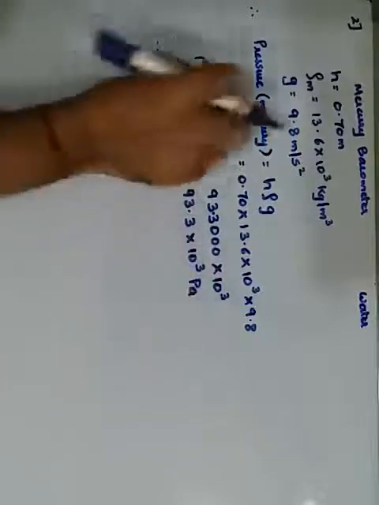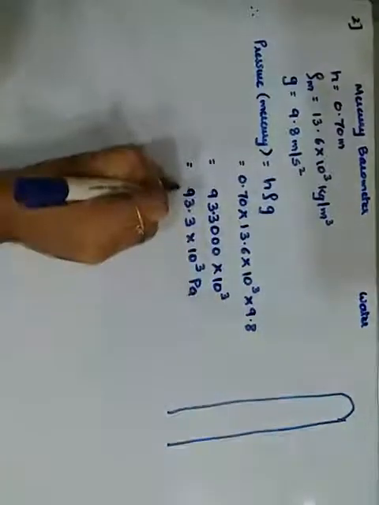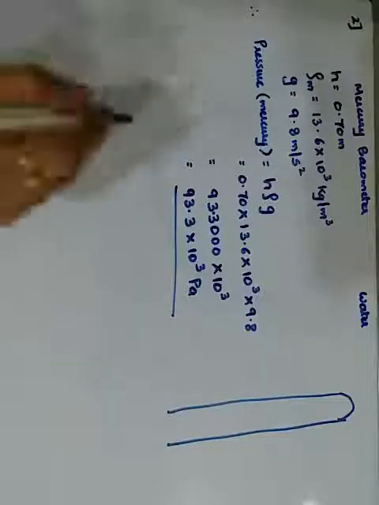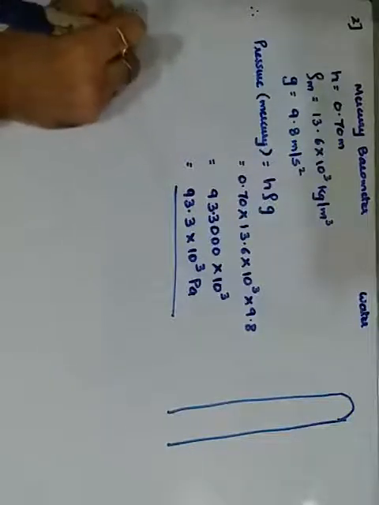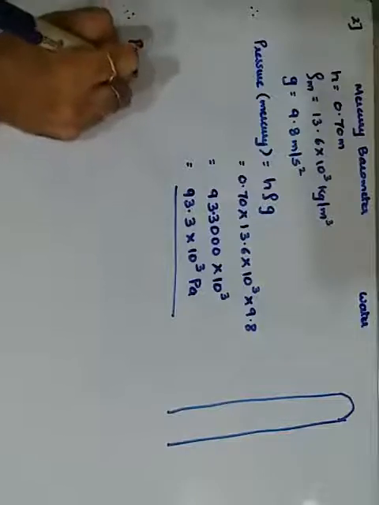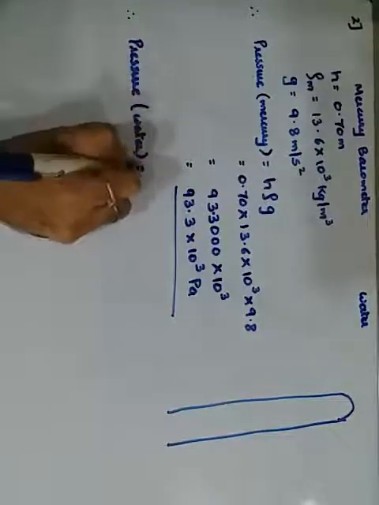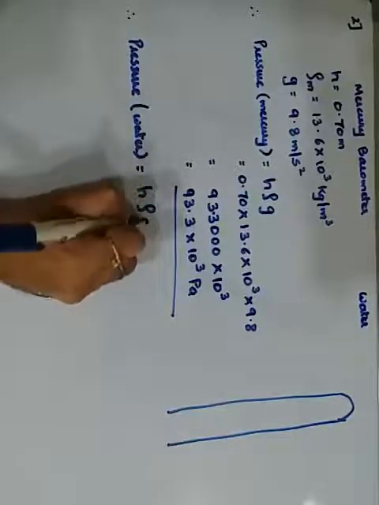So the pressure produced in that mercury barometer is 93.3 into 10 raised to 3 Pascal. Now the same column, the same tube, is filled with water, so we need the height. The pressure exerted by water will be height into rho into g.